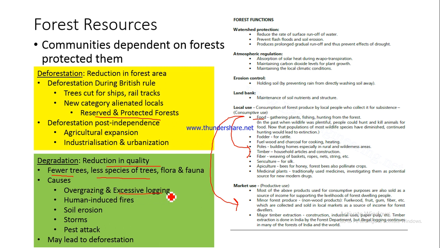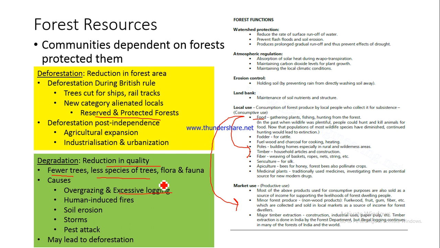We forgot to talk about this excessive logging. Excessive logging is the excessive cutting down of trees. So in a way, deforestation will also contribute to degradation. Naturally, when the trees are being cut down, there are no more tree roots to hold on to the soil, it will loosen up, and whenever there is some rainfall or some wind blowing, the topsoil would be carried away, which in other terms we know as erosion.